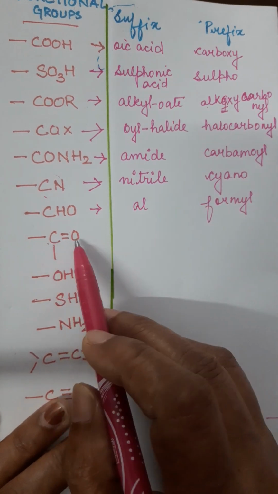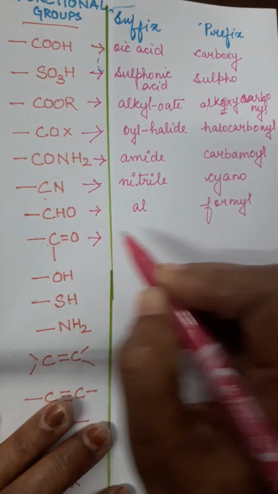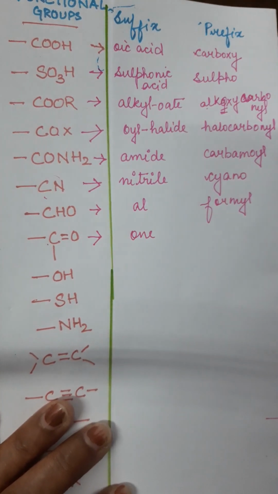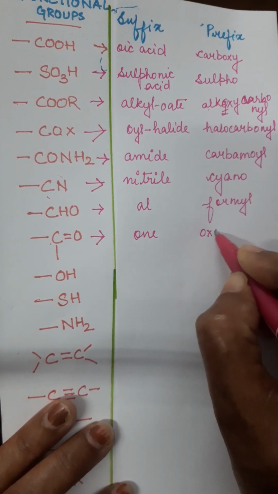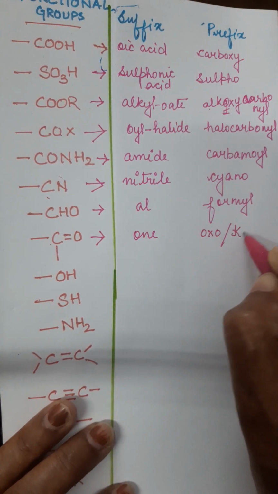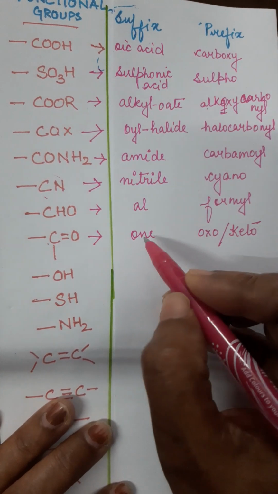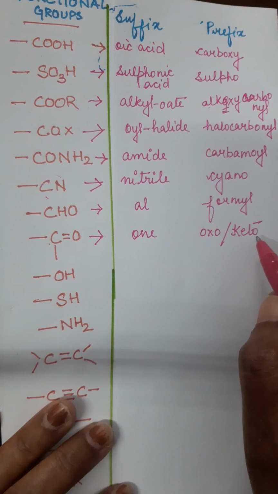Then C with a double bonded O, that is representing a ketone, it is called one as a suffix, and oxo or keto as a prefix.